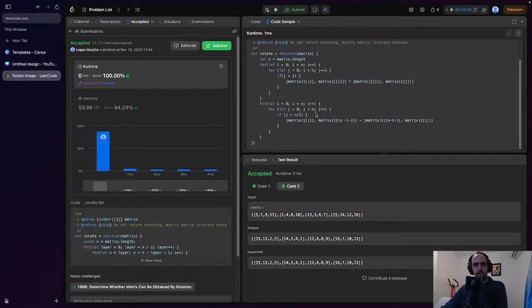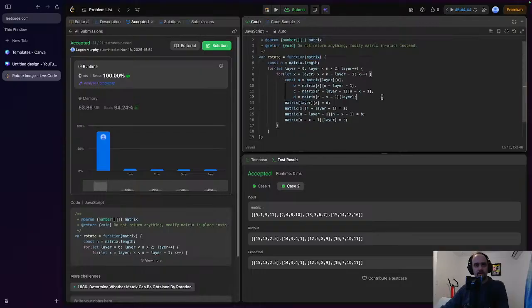They did it in 2 loops. They swap everything where j is less than i. It's so interesting, the solutions people come up with, where mine is just like, just swap the 4 things.